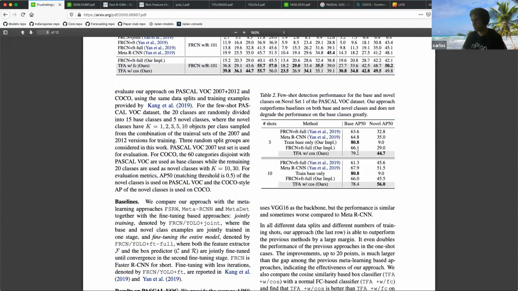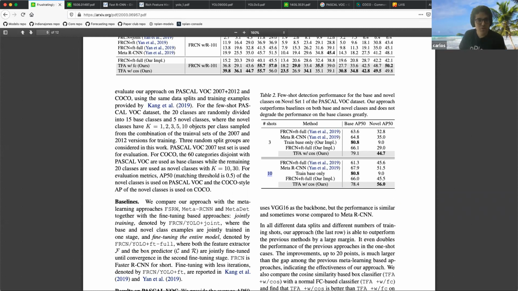So this one is probably the best compromise possible between base precision and precision in the new rare classes. And as you get more shots to fine tune, you can see that the decrease in accuracy is not as significant as the increase in precision.